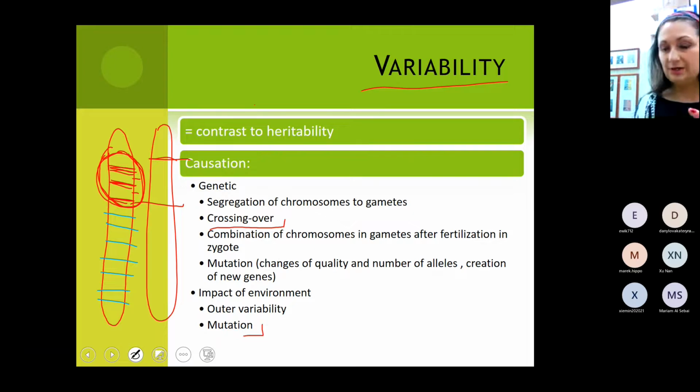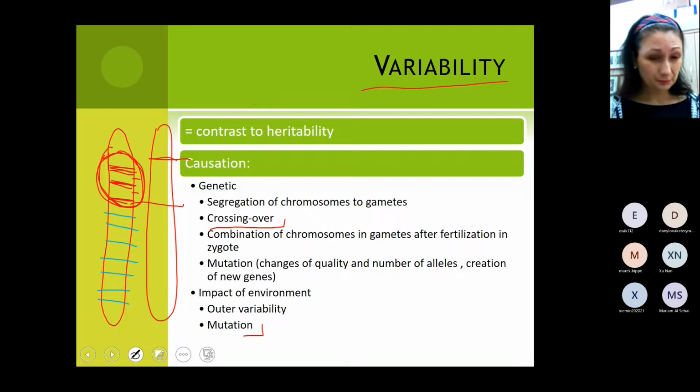Sometimes also, it's not necessarily that the genes are only about our appearance, it could be also our talents, our disposition to mathematics, music, and so on.